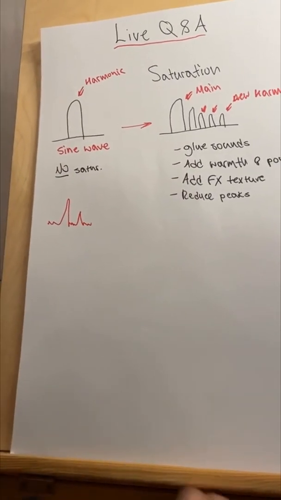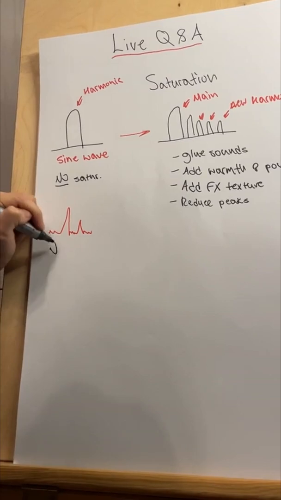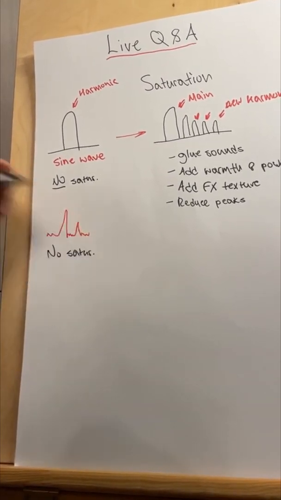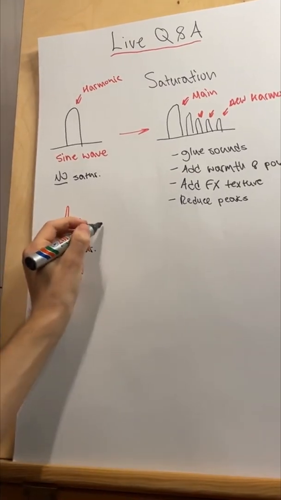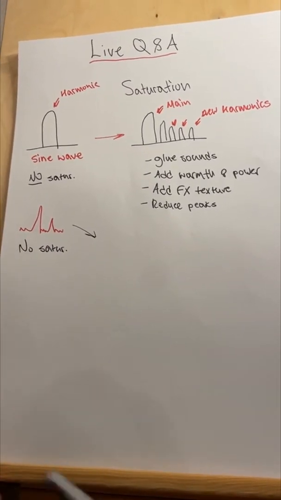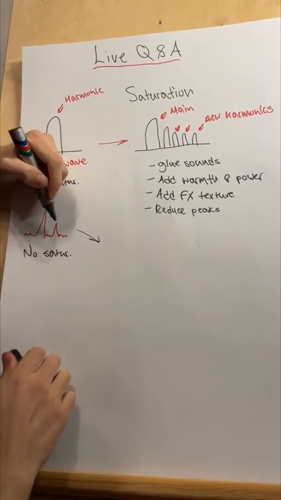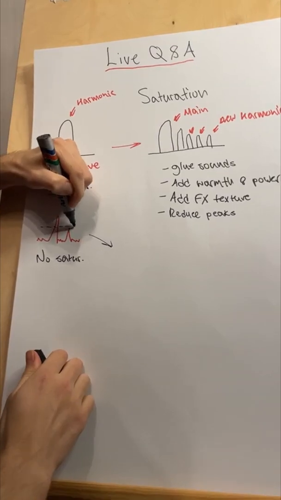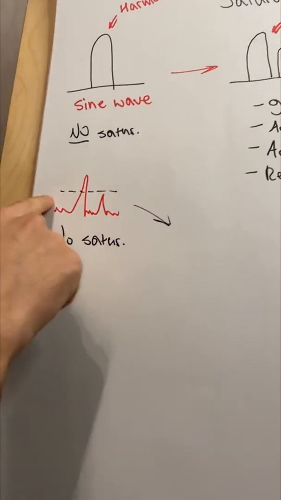That's going to be no saturation, and it's going to look like this when we apply saturation. I'm going to draw it like this. We're going to cut the peaks just like this, if you can see.